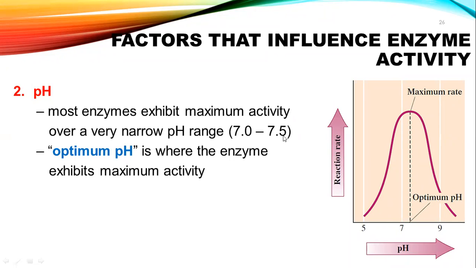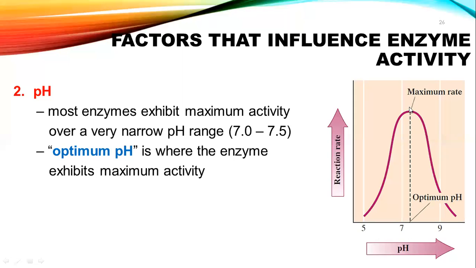In most biological systems, enzymes usually operate in a narrow pH range between 7 to 7.5, except in our stomach, where we have enzymes in our digestive system that act at a very low pH range. But for the rest of the enzymes in our body, in any biological system, the pH range at which the enzymes can act is around 7 to 7.5.